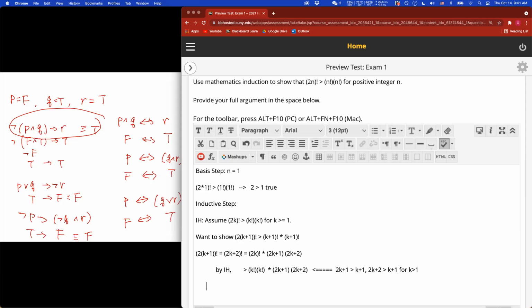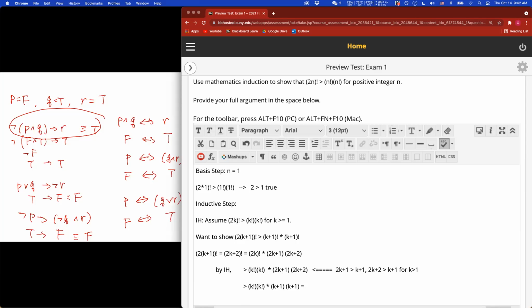Then we know this will be greater than k factorial times k factorial times k plus 1 times k plus 1, since 2k plus 1 here is greater than k plus 1, and 2k plus 2 is also greater than k plus 1. Now, if you look at it, k factorial times k plus 1 gives you k plus 1 factorial, and you have another k factorial times k plus 1.